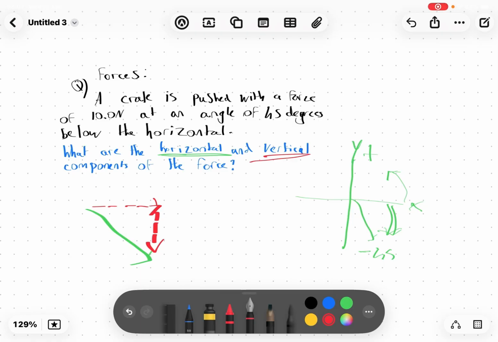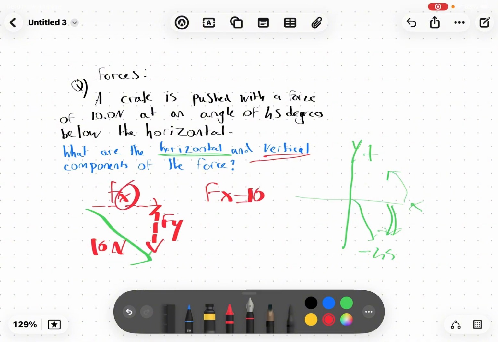Now, to find what this is worth, so this is the 10 newtons one. Let's call this Fx and this Fy. So to find the x of the force, we have to do this calculation. We use the force that we have, 10.